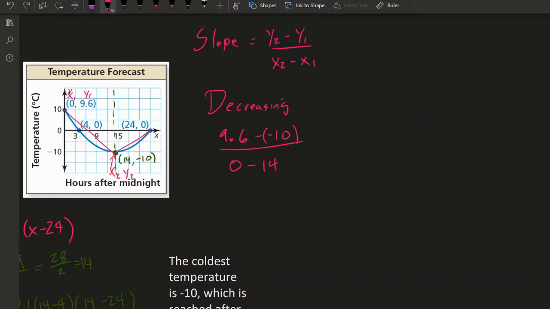Now actually I did that backwards. I did y1 minus y2, and that's okay as long as you do x1 minus x2. So you just have to stay consistent. So 9.6 minus -10, that would be 19.6 divided by -14. And I'll go ahead and use a calculator for that. 19.6 divided by -14 is equal to -1.4.